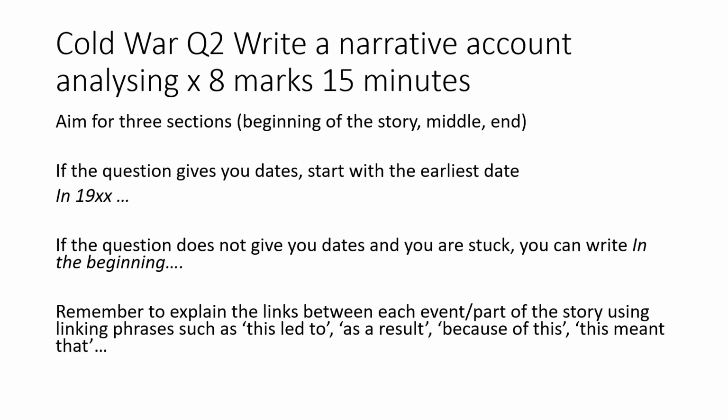If the question gives you dates, so if it says, for example, write a narrative account analysing the end of the Cold War from 1989 to 1991, start with the earliest date. So in that case, it would have been 1989. So you would just start with in 1989 and you would explain what happened early on.